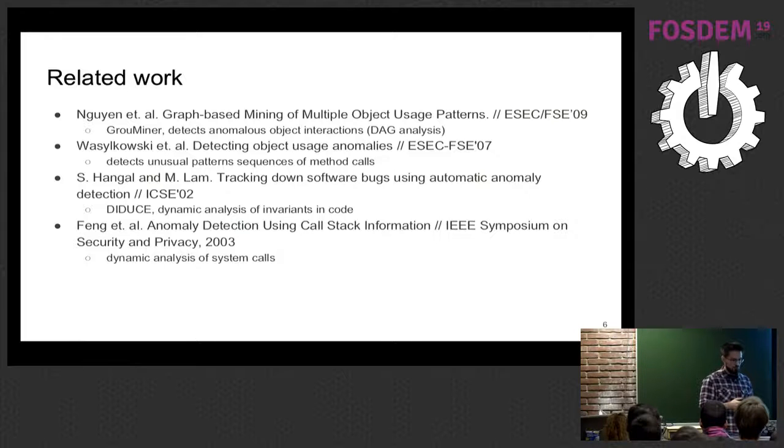The last one here also runs the program, but collects traces of system calls. Nevertheless, we have a huge data set in mind. And projects have all kinds of weird dependencies, and who knows how they're supposed to be run. So I think we should limit ourselves to static analysis only.